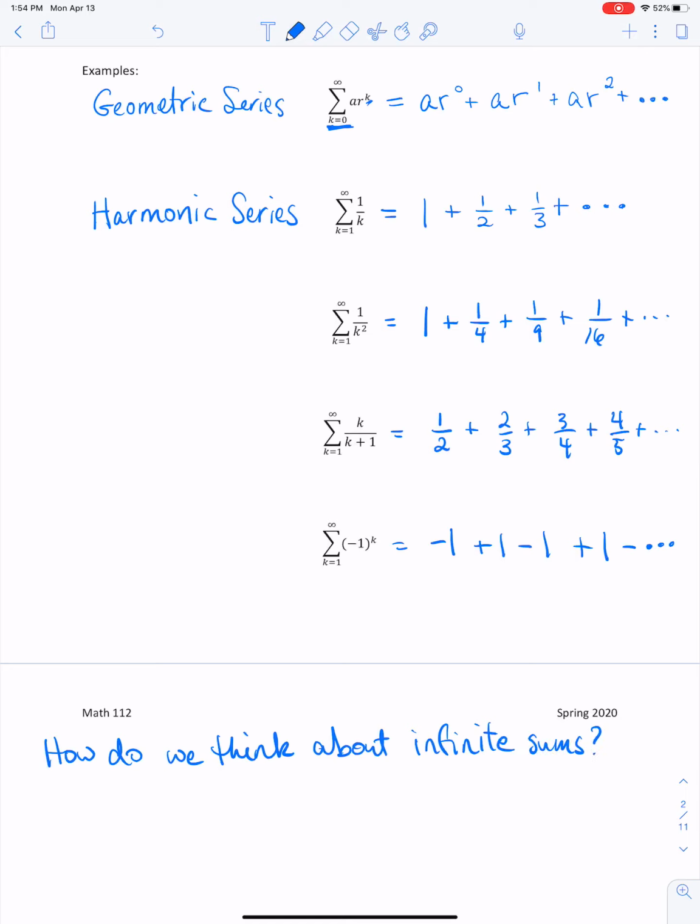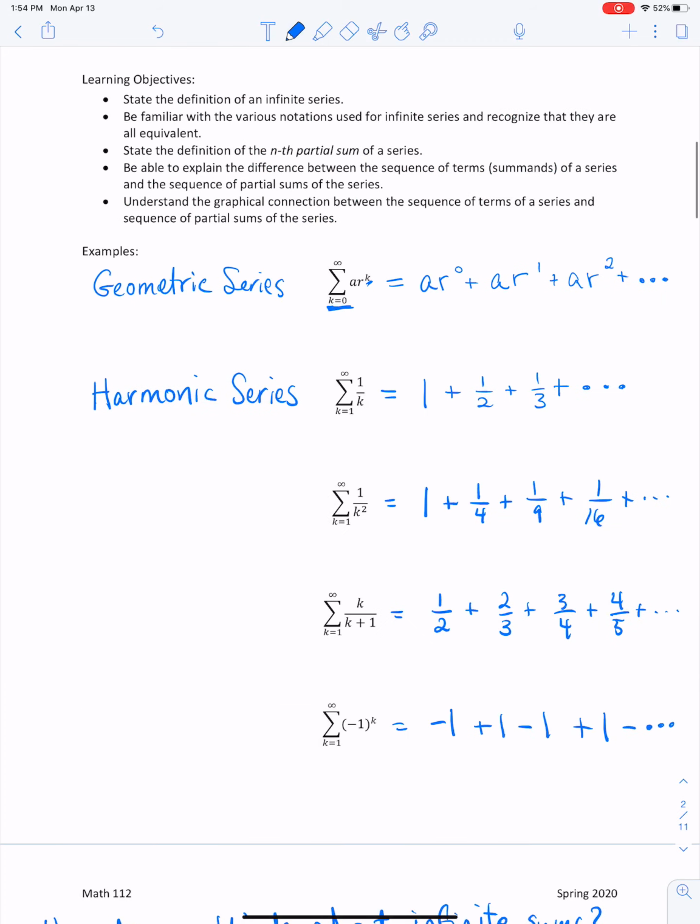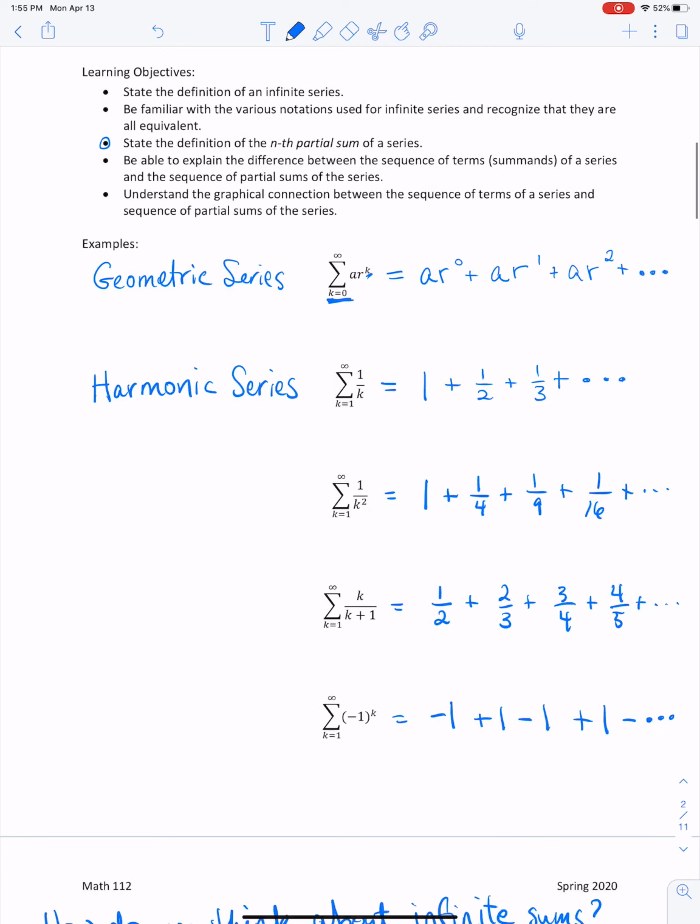And just as we did with geometric series, we approximate them by finite sums. That leads me to the third bullet point here, the nth partial sum of a series.